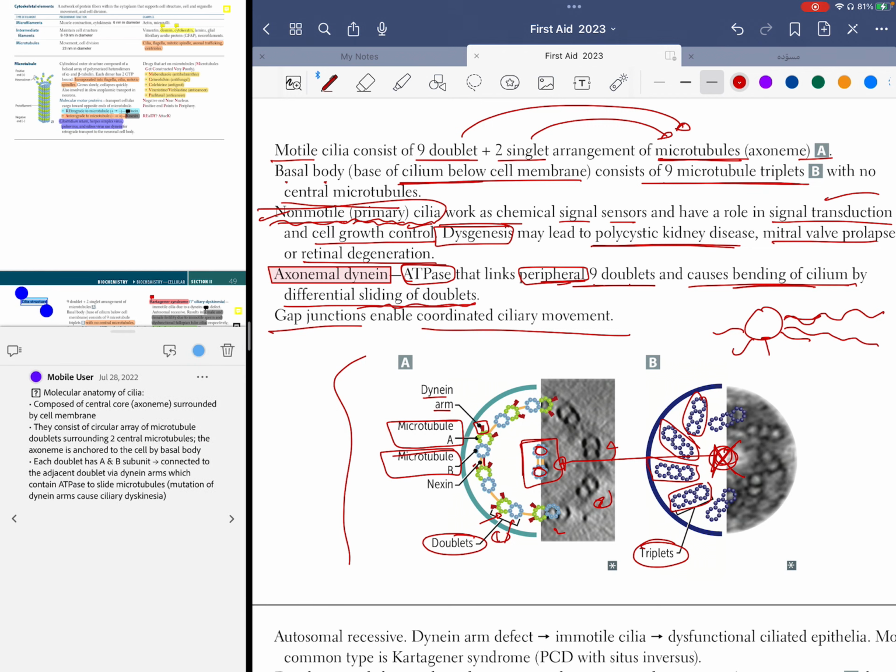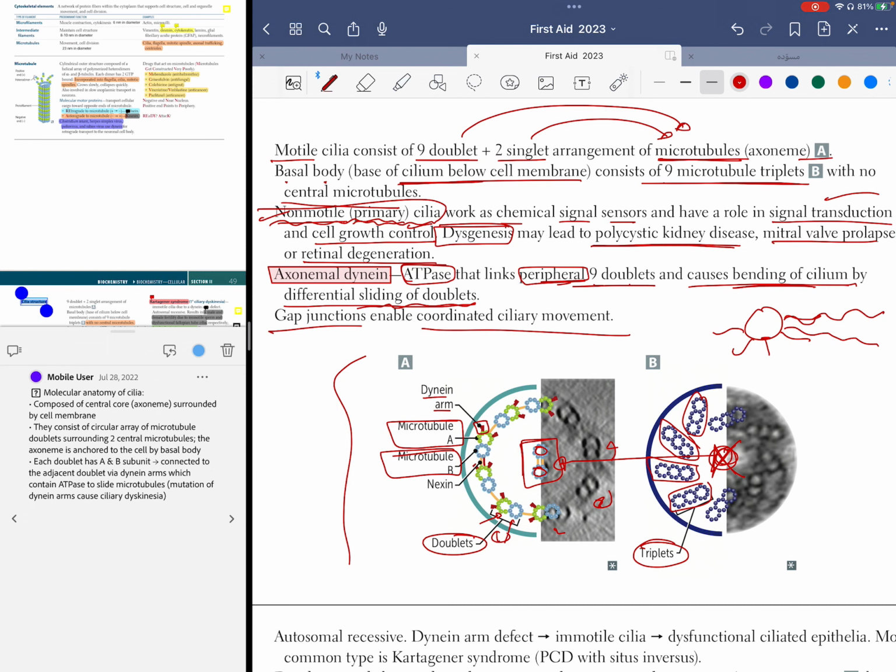For the cilia structure, it says that the molecular anatomy of the cilia is composed of a central core, that is the axoneme, surrounded by the cell membrane. They consist of a circular array of microtubule duplets surrounding a second central microtubule. The axoneme is anchored to the cell body by the basal body, and each duplet has A and B subunits connected to the adjacent duplet via a dynein arm, which contains ATPase to slide microtubules.